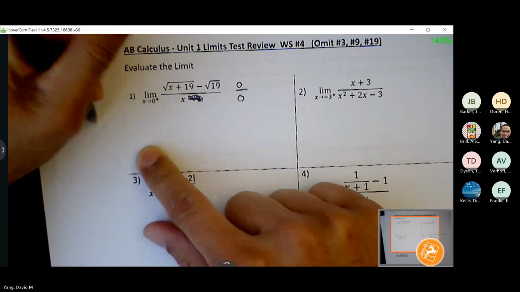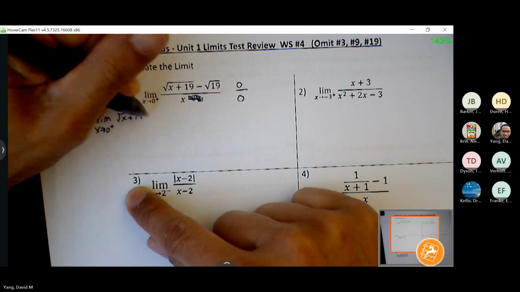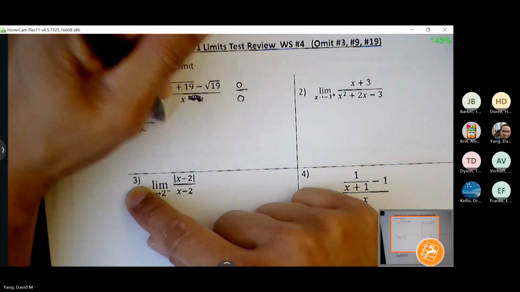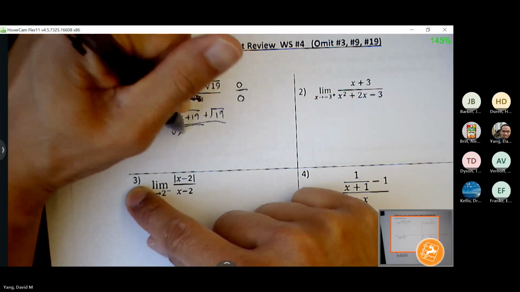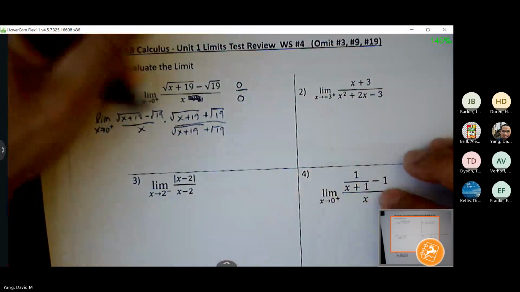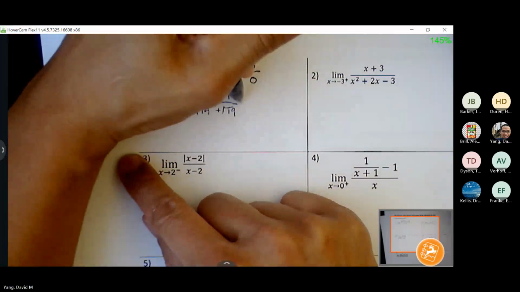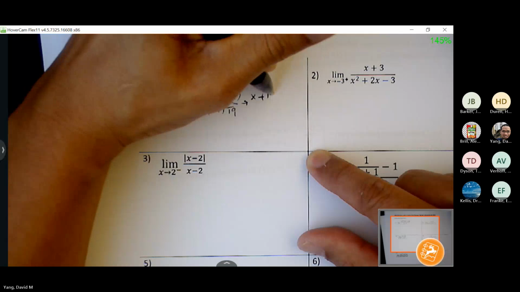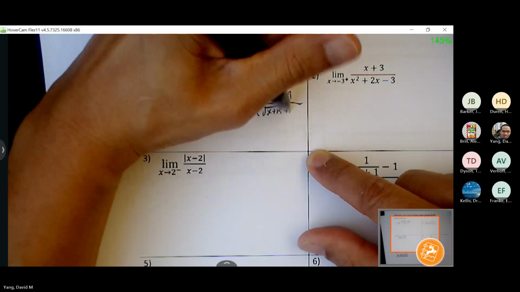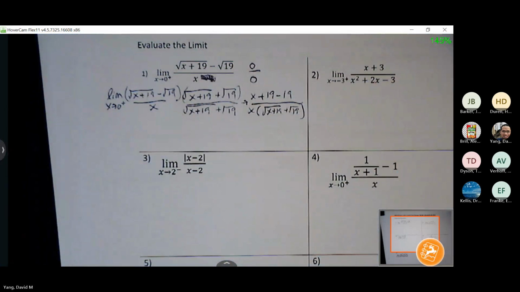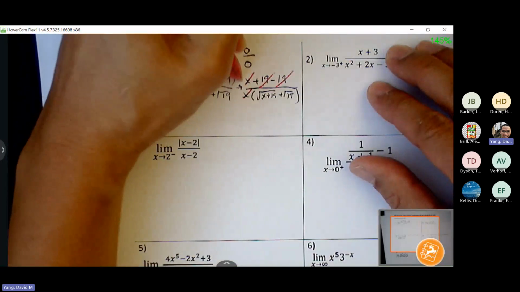Okay, so we expand out. Combine like terms, the 19s cancel out, the x's cancel out, but there's still a 1 left over up top.